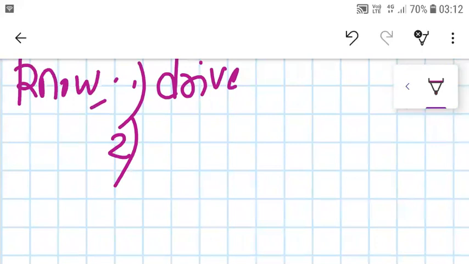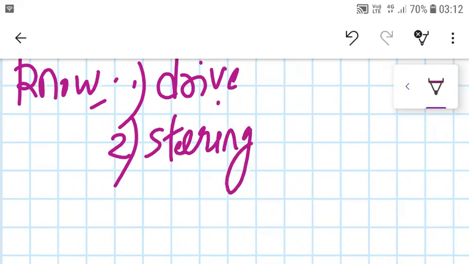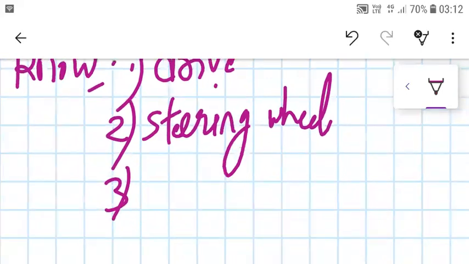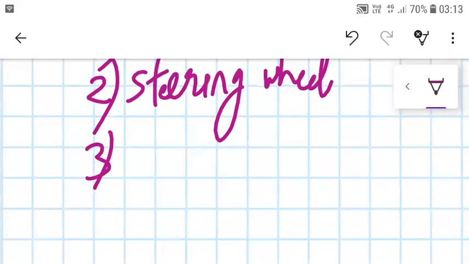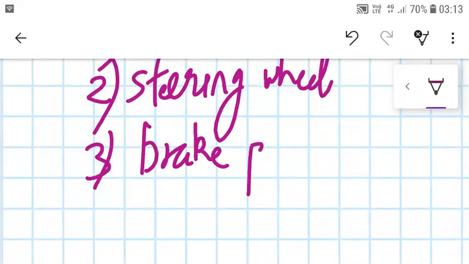Secondly, we know how the steering wheel works. Thirdly, we know how the brake pedal works. Whoever takes a driving lesson goes through these steps.